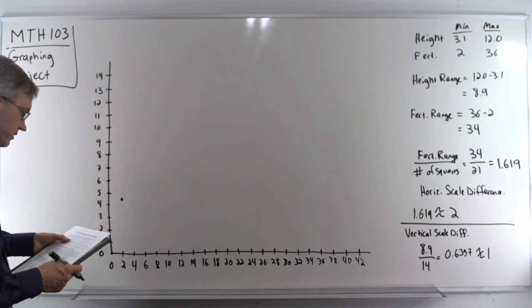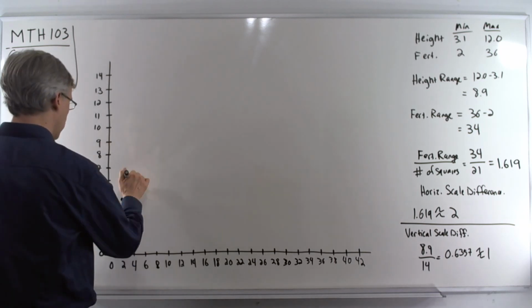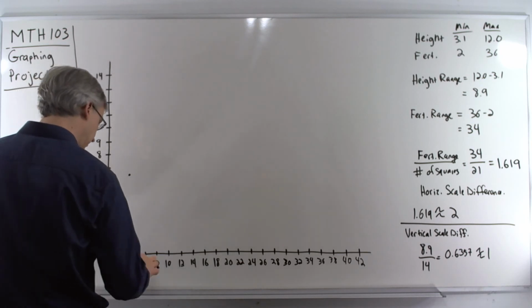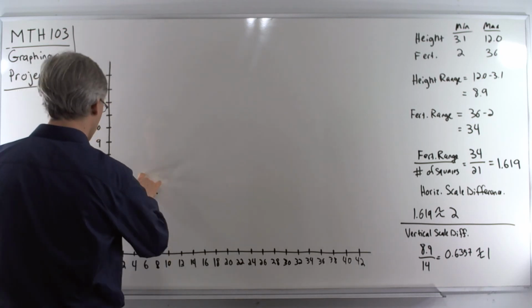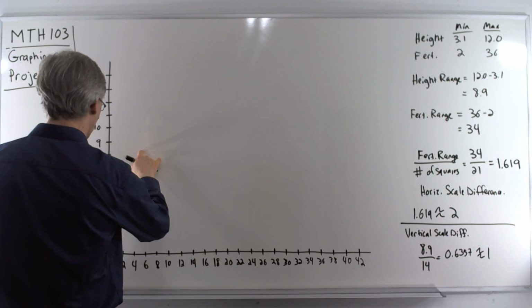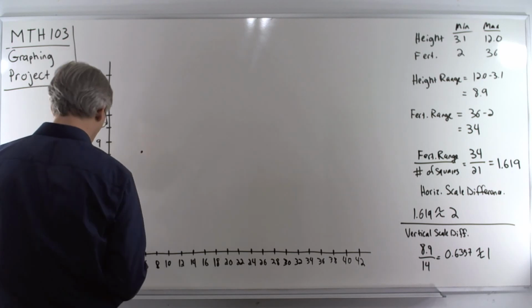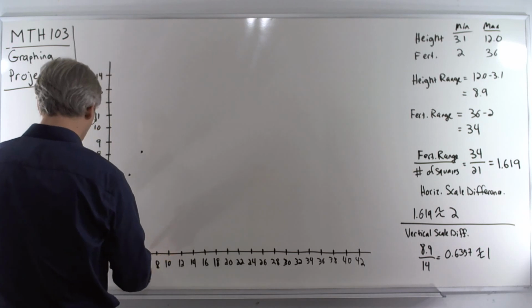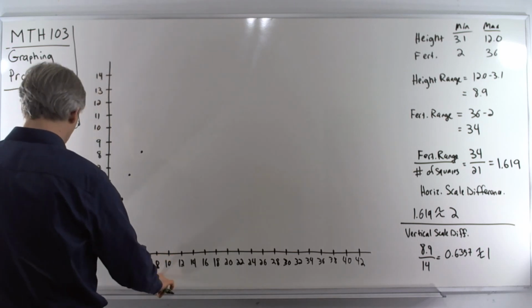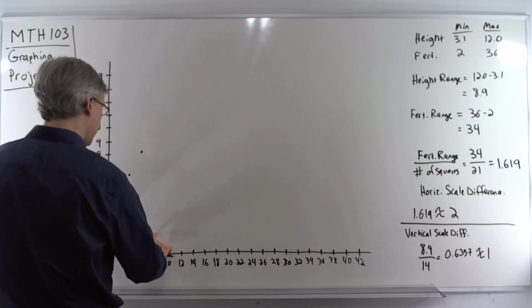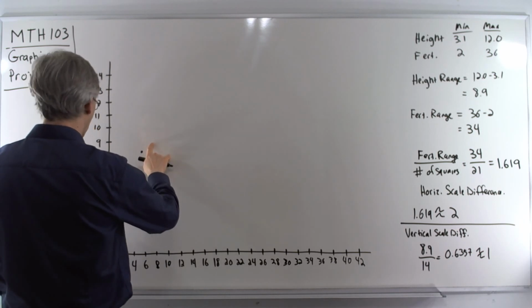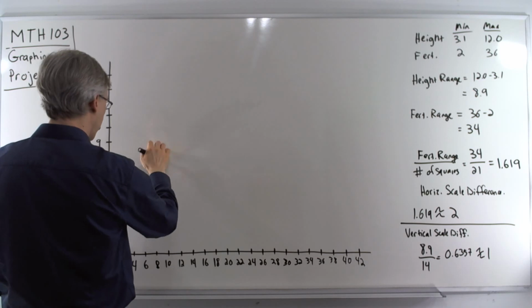Second point, 4 and 6.3. Then we got 6 and 8.1. 8 and 8.9. And we're going across for the fertilizer and then straight up for the height of the plant.